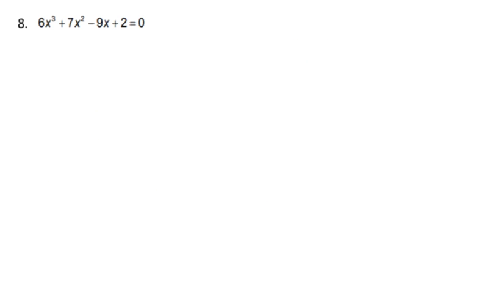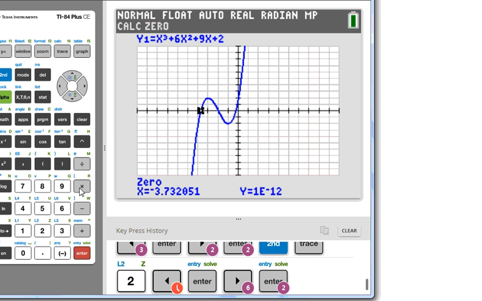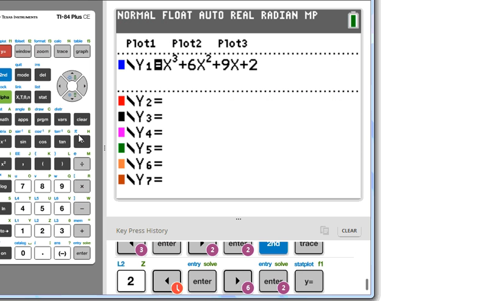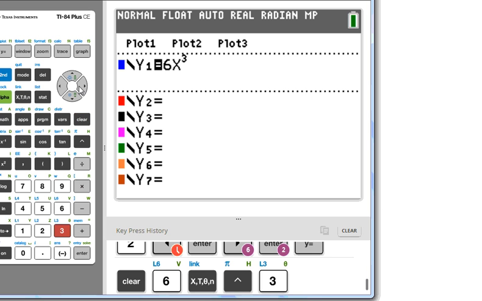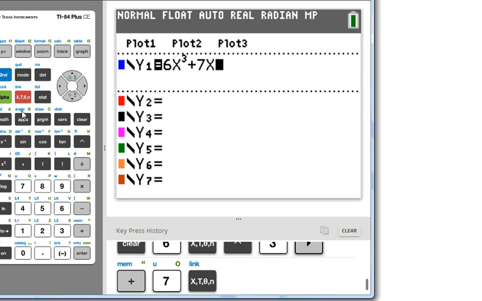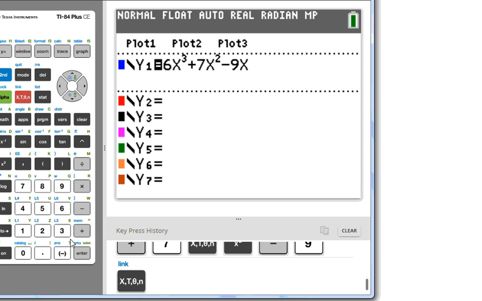Next, problem 8. Let's go ahead and look at the same type of situations we did before. Graph this: 6x cubed plus 7x squared minus 9x plus 2.